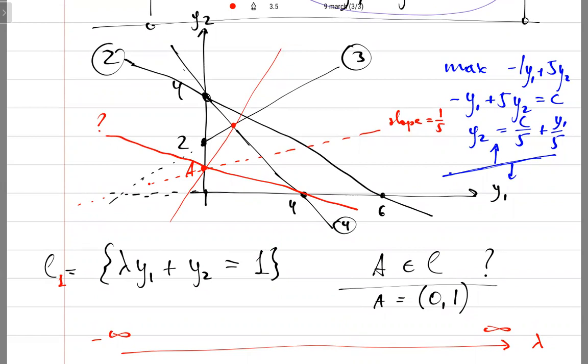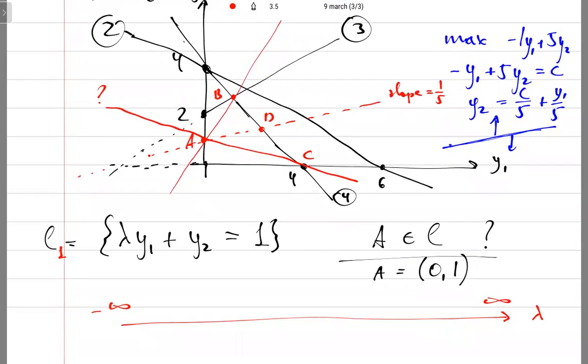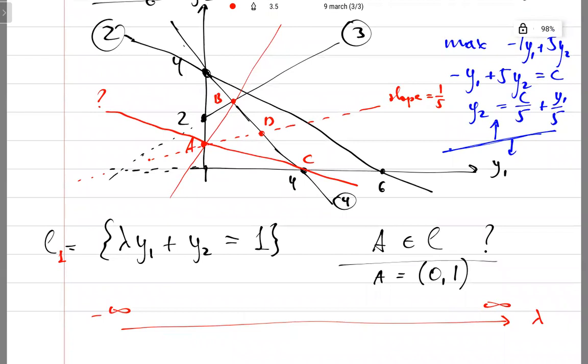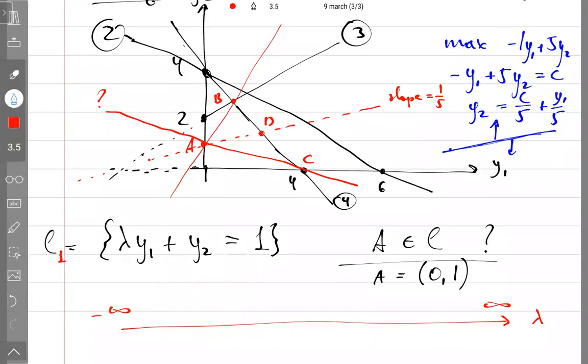Let's call this point B, this will be point C, and this will be point D. I have too much to do, and that's the end of the page. I don't like it, so I will try to copy.